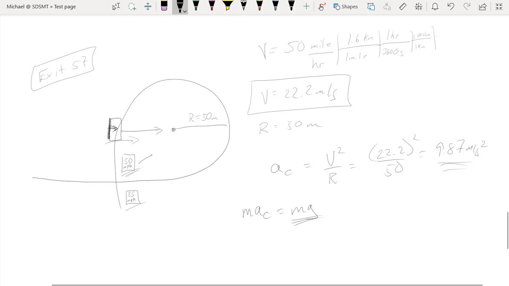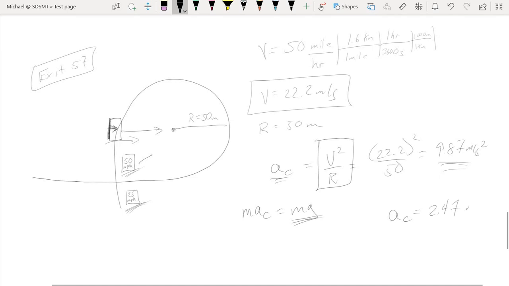And so over the years, they've reduced that speed limit to half of its original value. Well, what would happen if you reduced the speed to half of its original value? In that case, the centripetal acceleration would be reduced to 1/4 of what its value was.